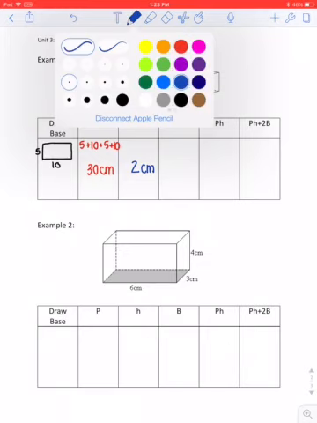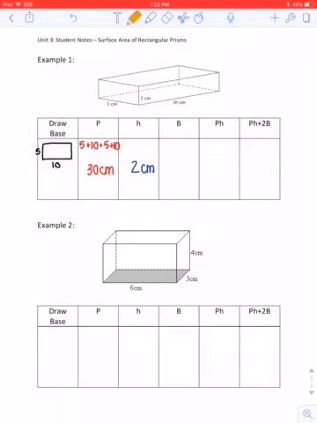Then we have the capital B, which does not just mean pick a base measurement. Remember, it's area of the base. So we find area by doing length times width, and our base area would be 50 centimeters squared. Okay? So if I wanted to find the lateral surface area, I would do 30 times 2, and that would give me 60 centimeters squared.